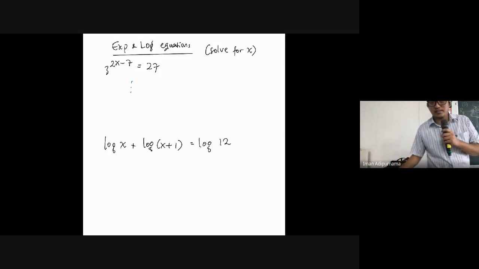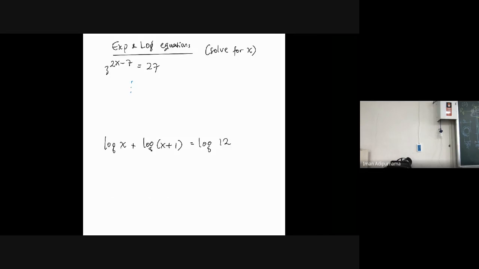Yes, yes, correct. Of course, if that's not in the domain, then you need to choose which one. That's why in the early weeks, I always told you domain, domain, domain, because if you don't understand the domain, you cannot solve the whole problem in math.